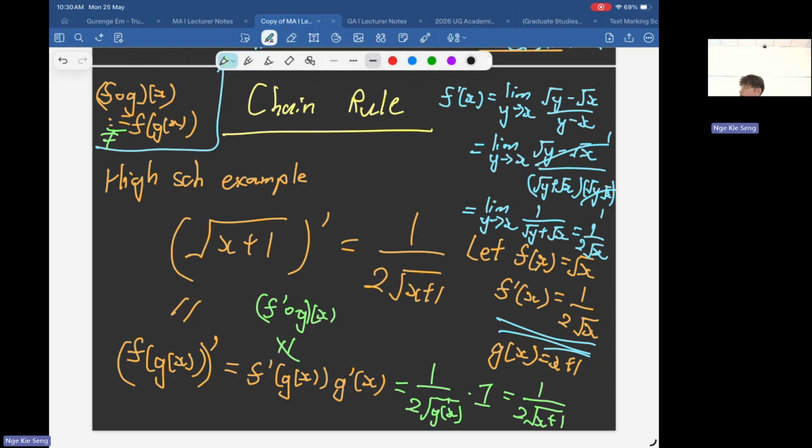If I restrict to this side, is this always a composition? I think it's always right. This is a function. This is a function. Right. Then shall we go on?